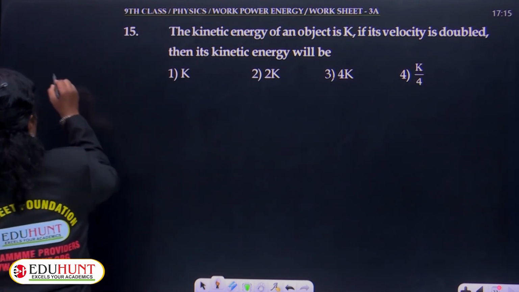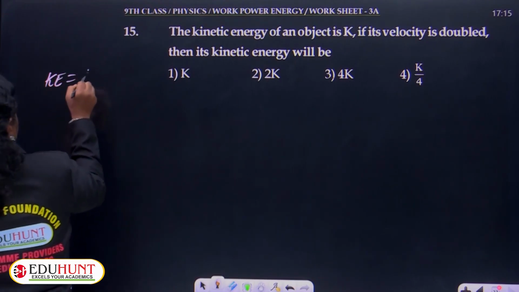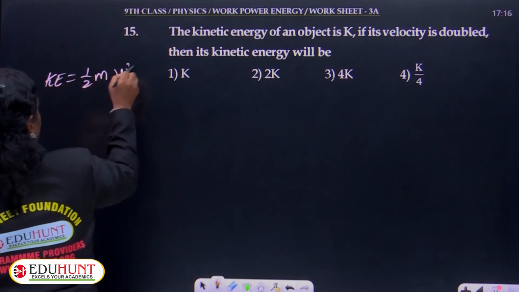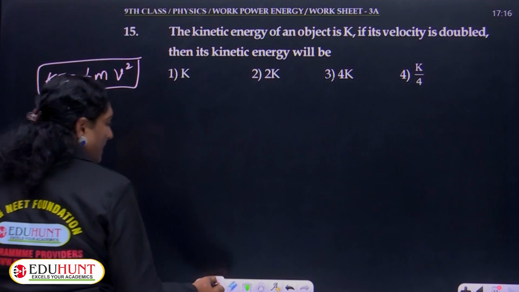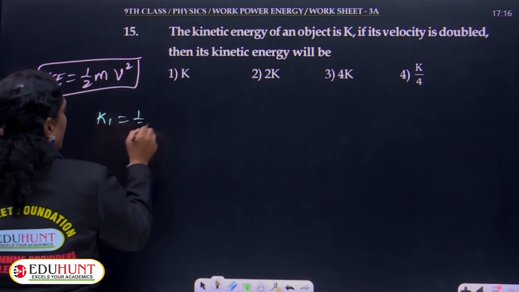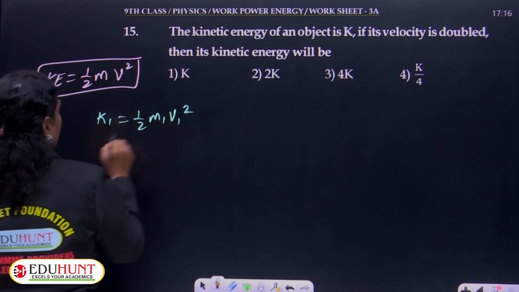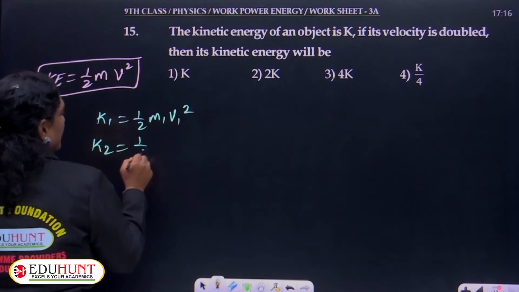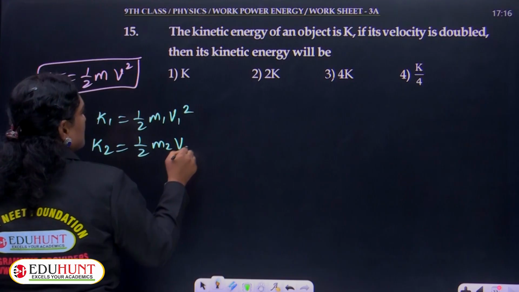Taking the formula for kinetic energy as half mv square, consider the first kinetic energy K1 as half m1 v1 square and the new kinetic energy as half m2 v2 square.